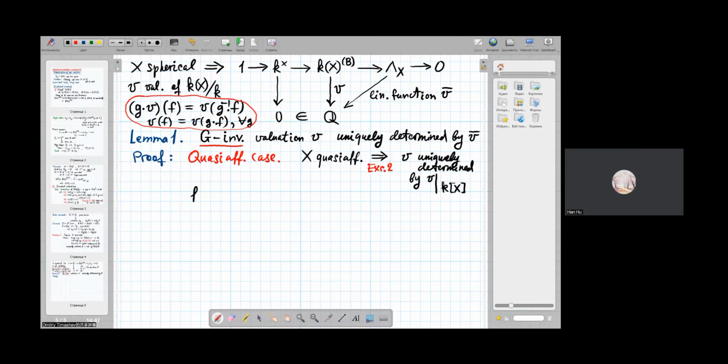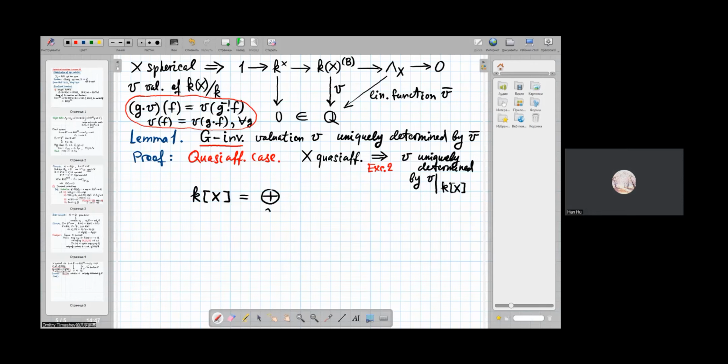And what is the algebra of regular functions on my spherical quasi-affine variety X? It decomposes as the direct sum of irreducible G-submodules, and each irreducible submodule occurs up to isomorphism only once.